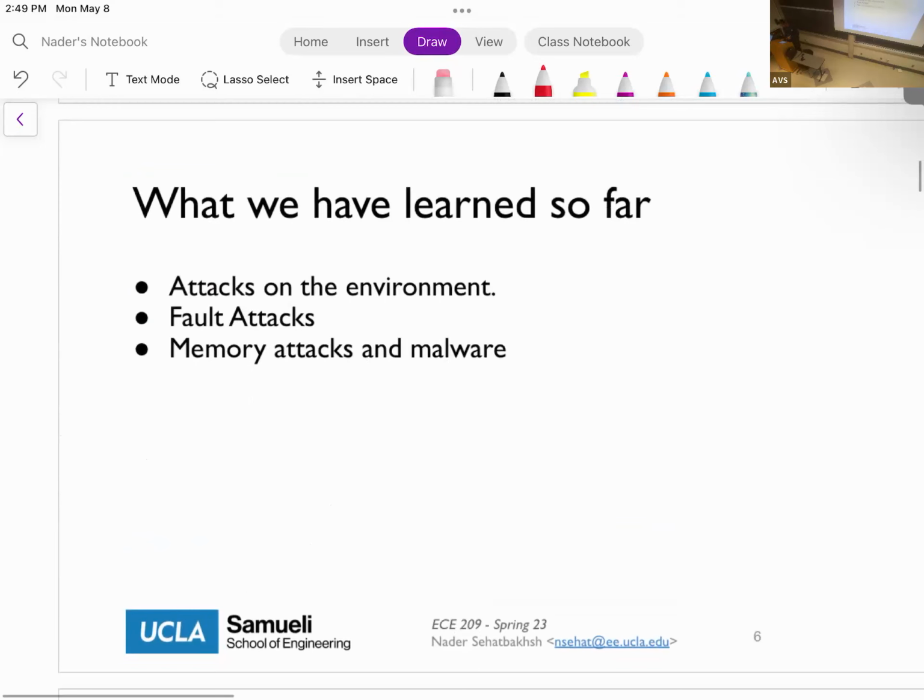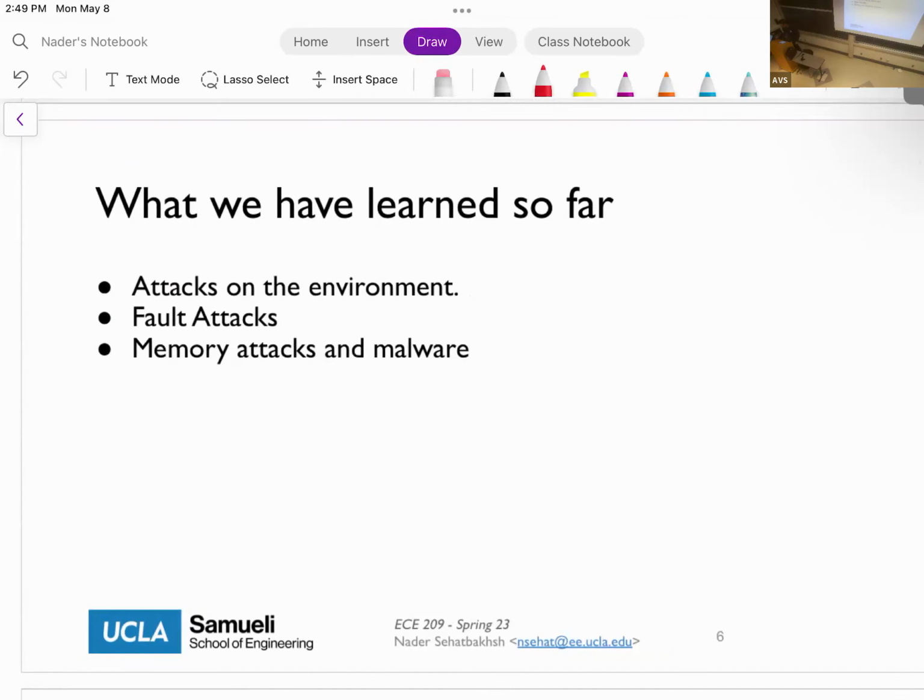All right, so what do we want to discuss today? Let's see what we have learned so far. We have learned that there are attacks on the environment. These attacks can be applied in the physical domain, the analog domain, or even the digital domain. The attacker can also change things to create intentional faults.